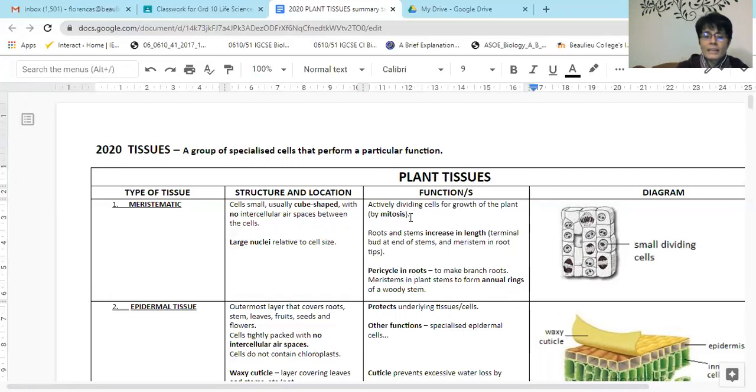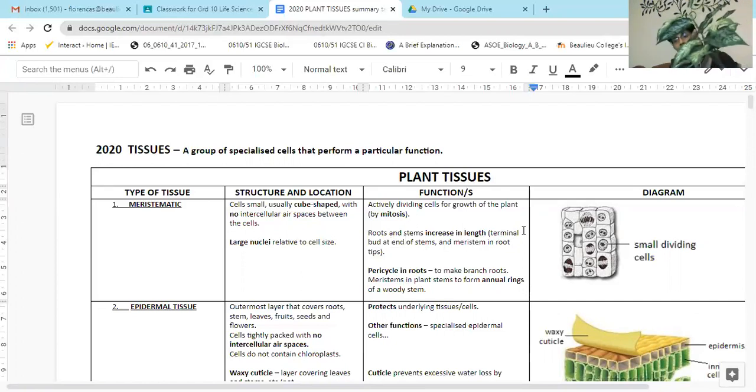The cells are dividing to make the plant grow bigger, and those cells differentiate into all these different tissues. They get a particular structure, and therefore have different functions in the roots, the stems, and the leaves. Both roots and stems increase in length. Like I said just now, the terminal bud at the tip of the plant makes the plant grow longer.